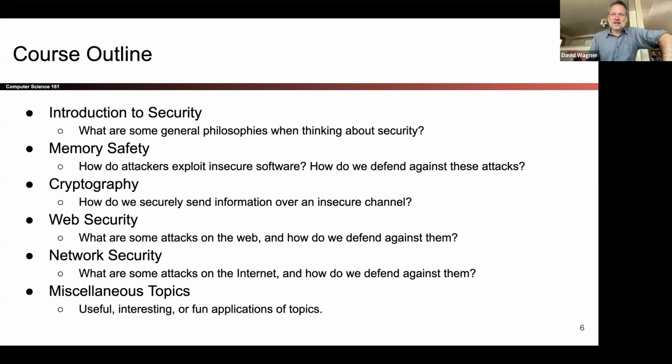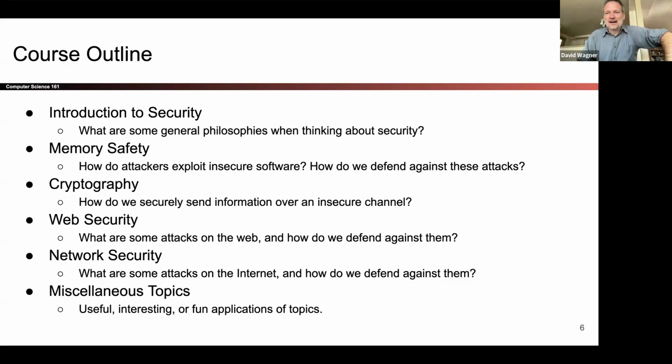And then we'll move to the next major module, which is about cryptography, and that's about how to securely communicate. And then we'll look at security on the web, and we'll look at network security, defending against attackers who are maybe on the other side of the world attacking us over communication networks. And then we'll maybe do a few case studies.